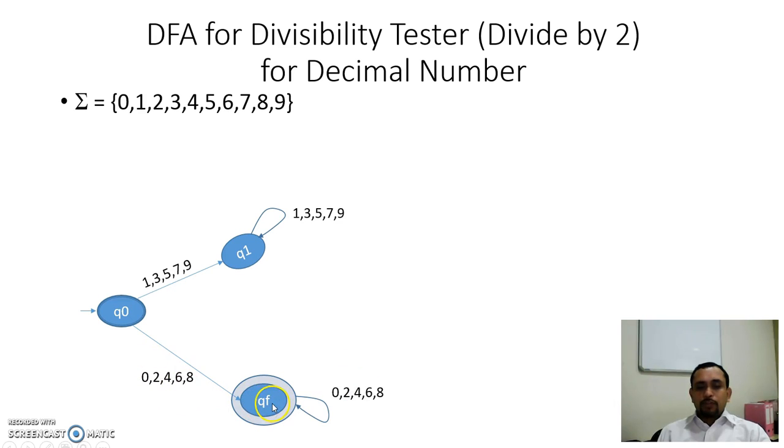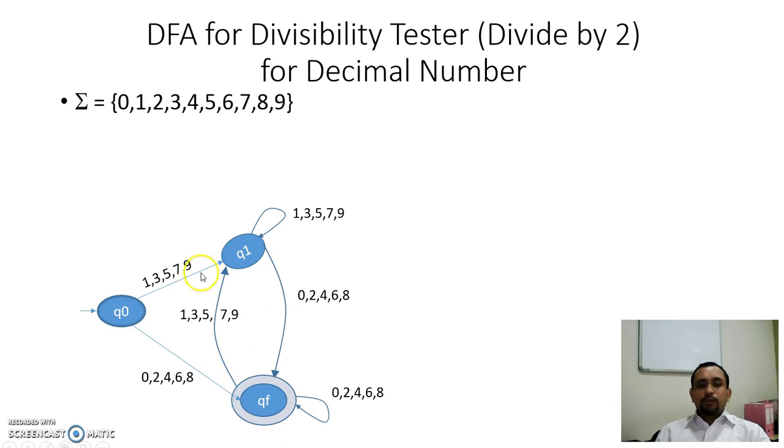From QF on the input of 0, we remain at QF. On 1, we move to Q1. Similarly, from Q1 on the input of 0, we move to QF. So we have ensured that whenever the remainder is 0, we are at QF.